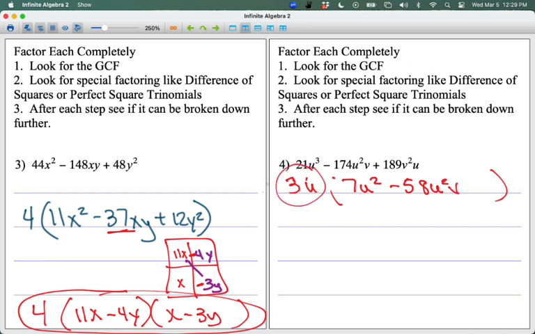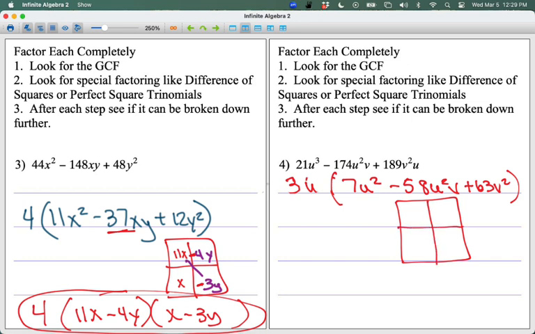Then last, 3u times what gives me the 189, and that is plus 63 v to the second power. Now, my question is, does this break down? Let's check it with the box method because it does have that squared there.